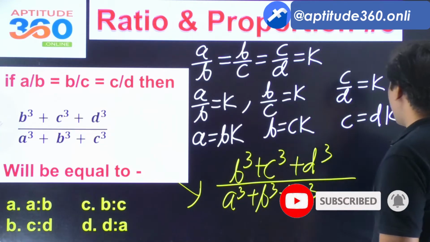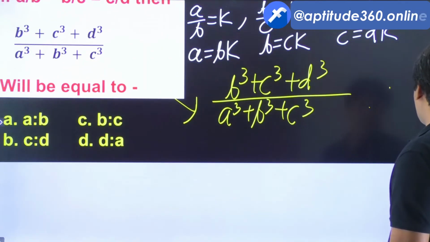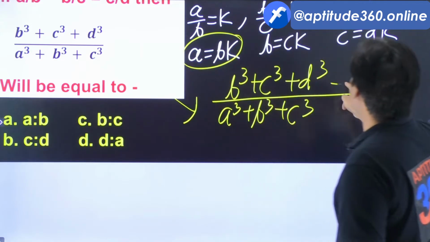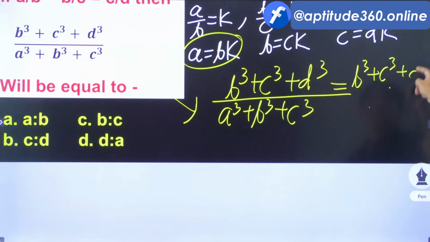And what is the value of a that we just found out? The value of a we have found out as b times of k.